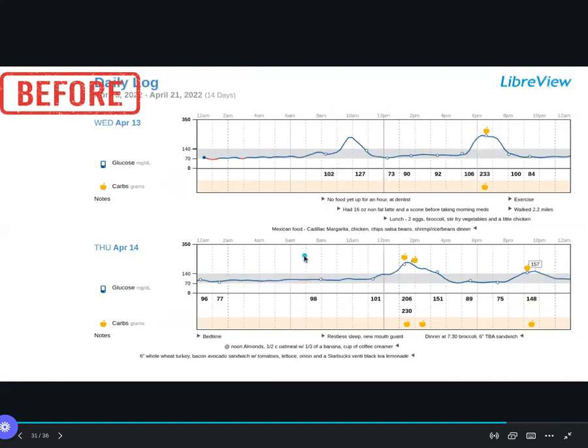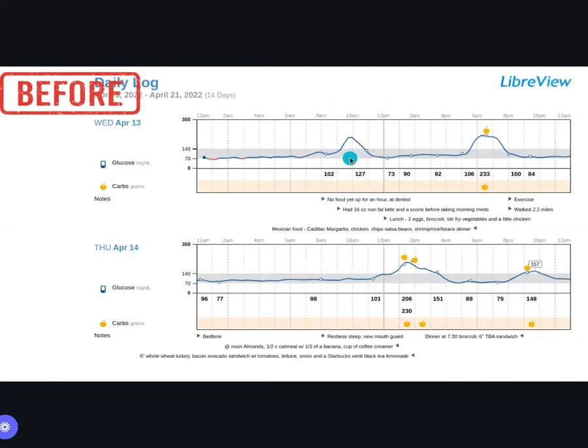Let's look at this next one. Oh, look, so you can see this one too. There were some spikes here. And it's easy to put notes in about what happened. So unlike having to track your food where you have to enter in all these ingredients, on this one, you just touch your phone and you hit a note and you can just type in oatmeal or went for a walk or no food or exercise.